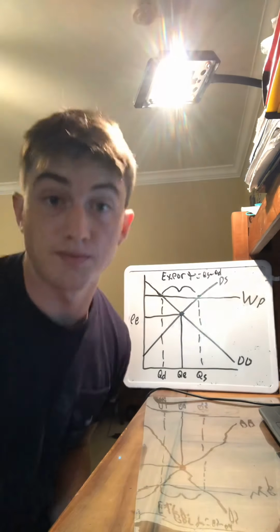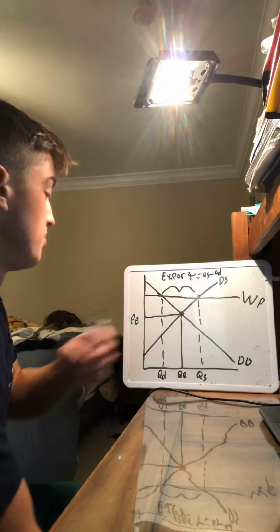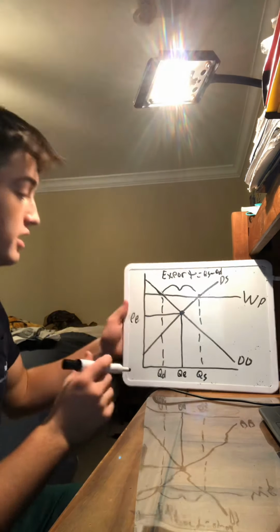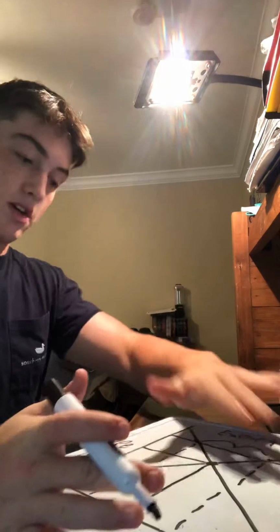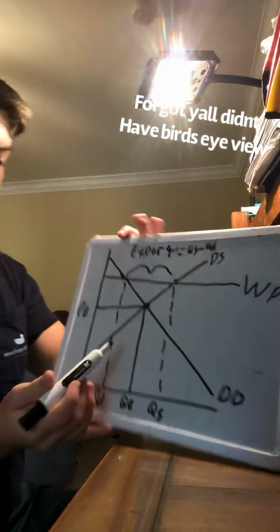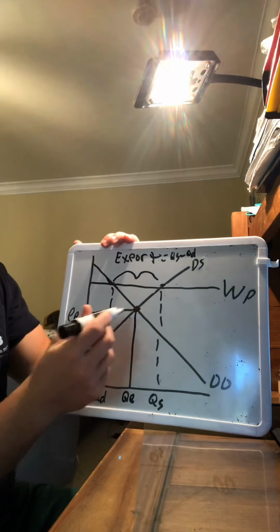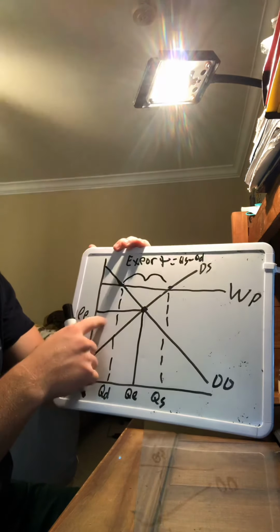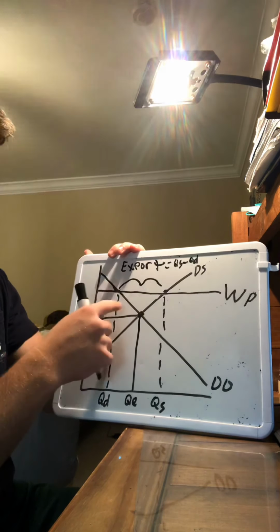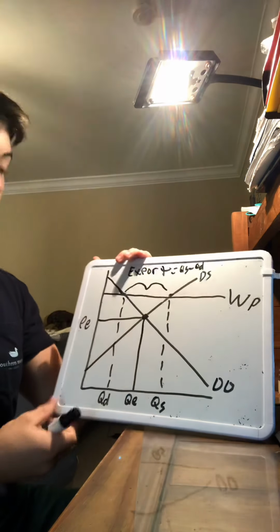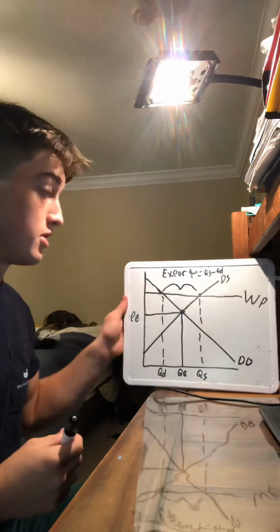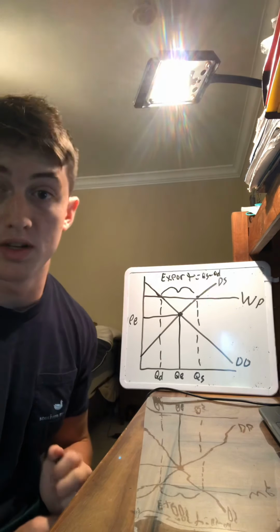So let's look at consumer and producer surplus before the export. Originally, none of this over here existed. This line didn't exist, and you had producer surplus right here in this triangle, and consumer surplus in this triangle. But now, since we have an export, producers benefit from exports and consumers do not.